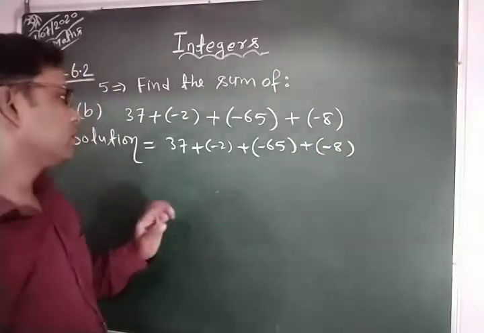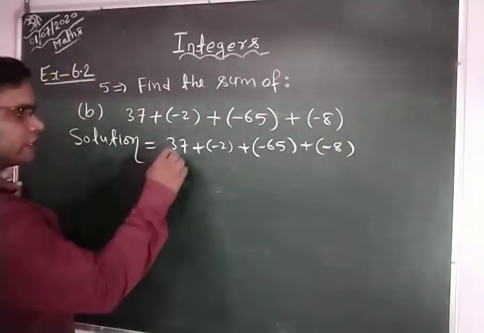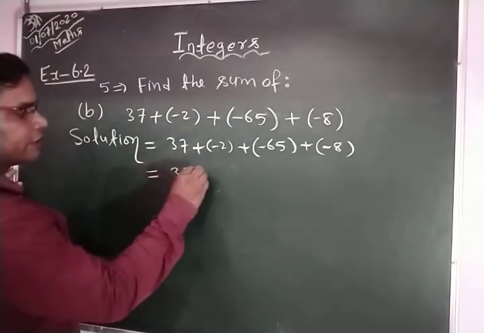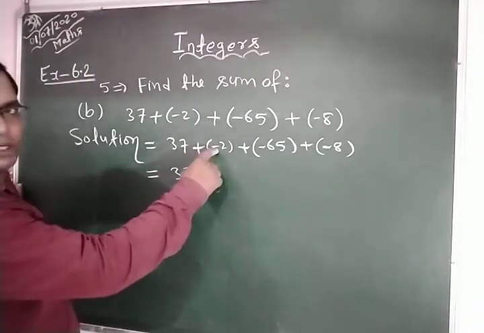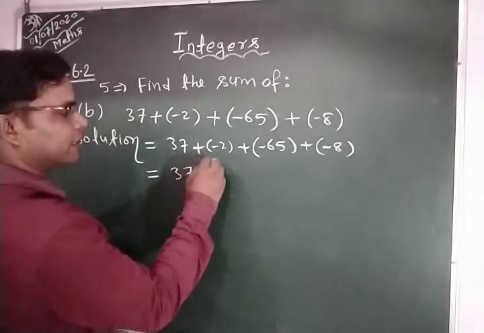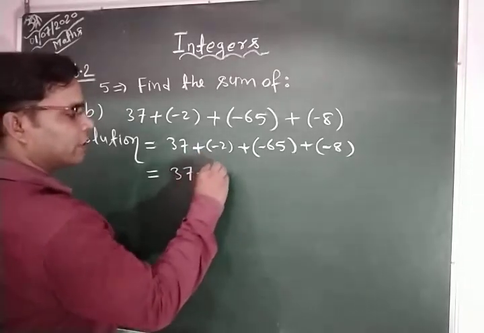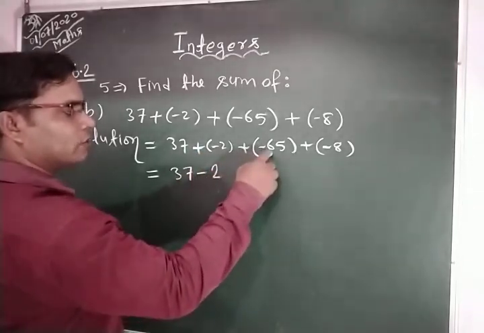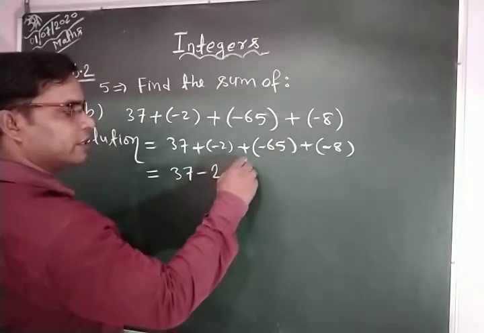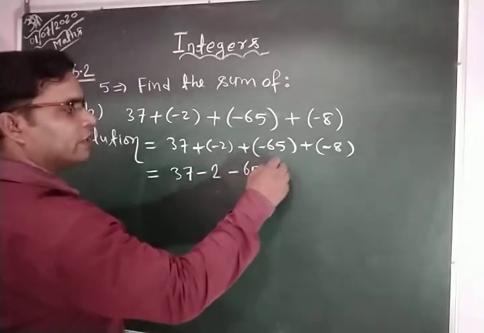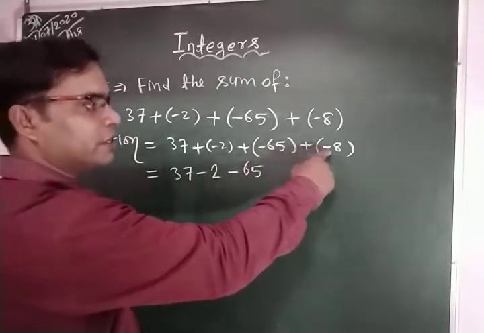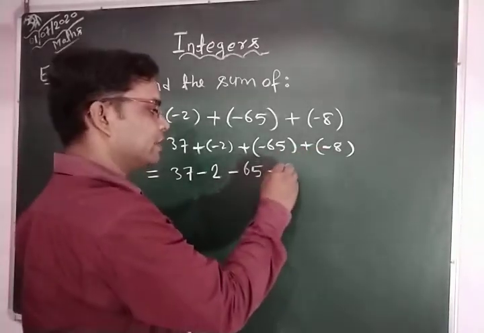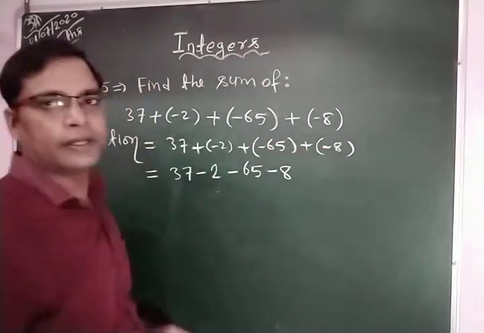Okay, so here you can see we write 37 as it is, plus into minus it becomes minus, so we write here minus 2, here plus into minus, we write here minus 65, again plus into minus, we write here minus 8.